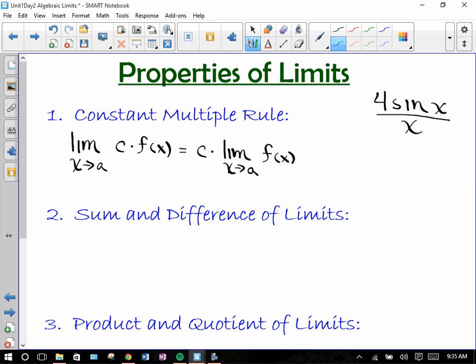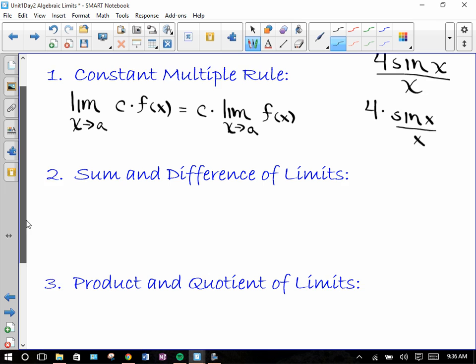What's the limit of sine x over x? 1. So it's 4 times 1, which would be 4. We'll see some more examples of that. The notation I wrote was bad, so don't just skip writing the limit; you have to actually write the limit to say what you're doing.